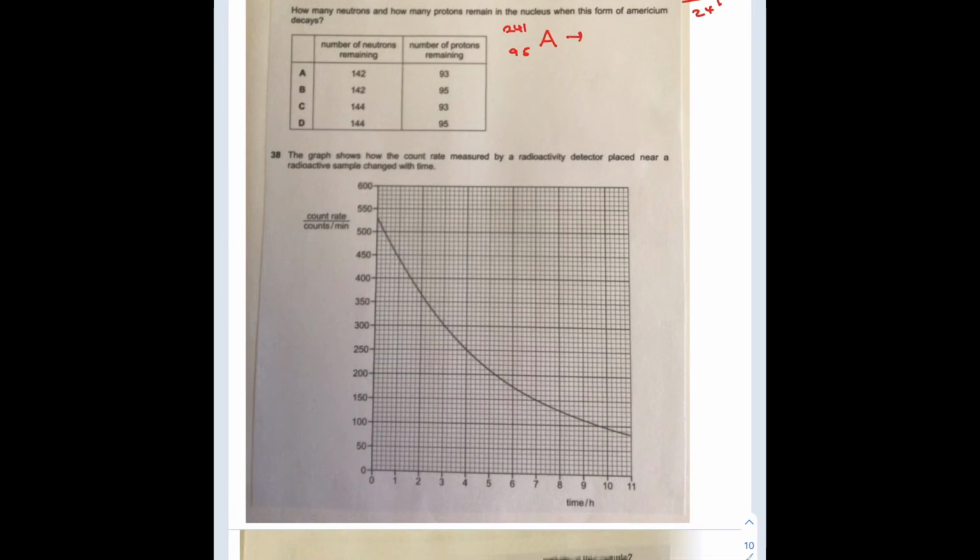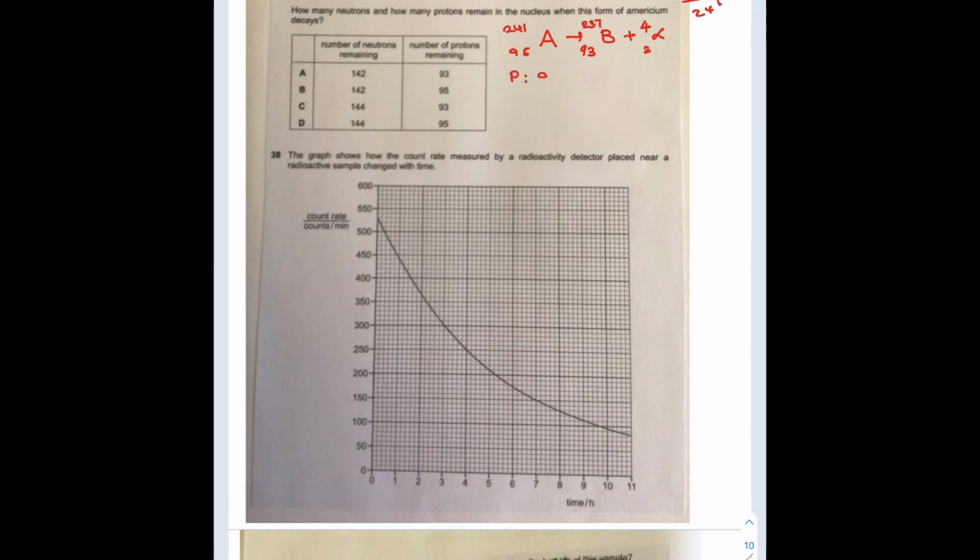This turns into B, plus an alpha particle, which is alpha 2, 4.